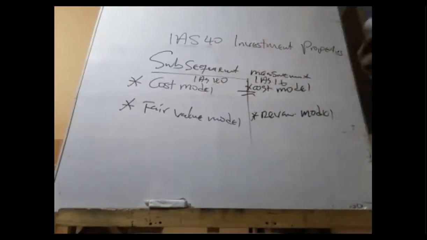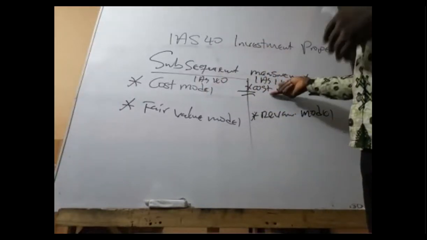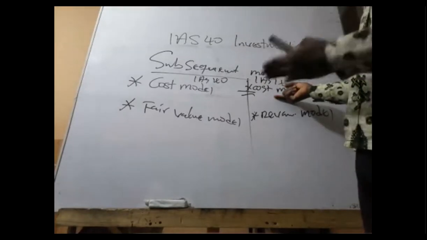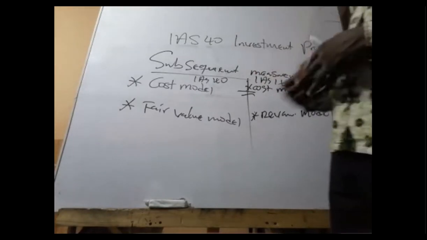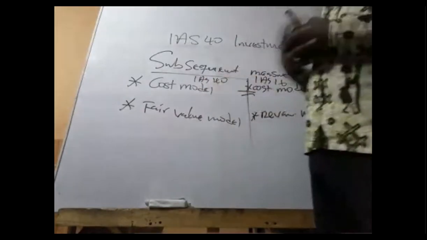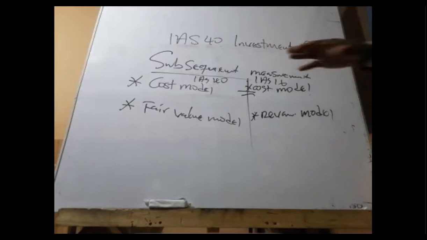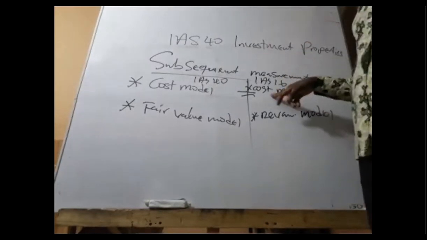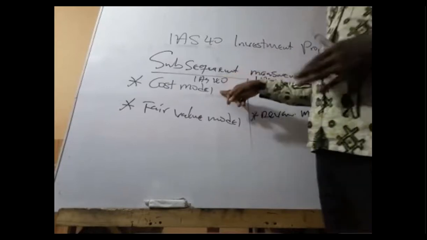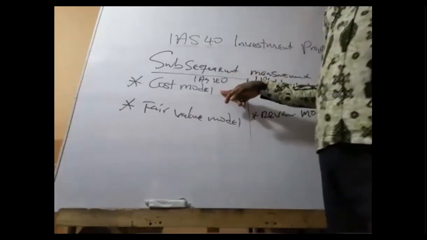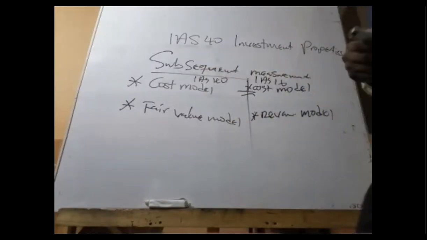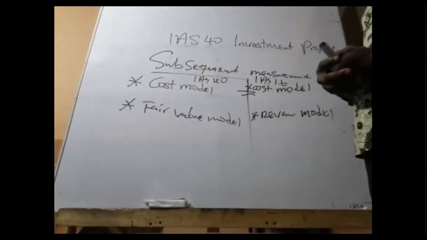There's no difference. So if under IAS 16 PPEs are depreciated under the cost model, the same thing applies to the cost model under IAS 40. So investment property too, you can also depreciate them if you select the cost model.